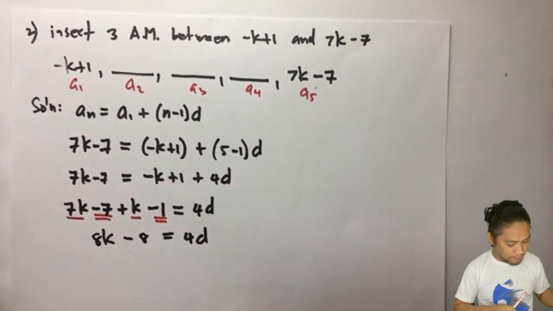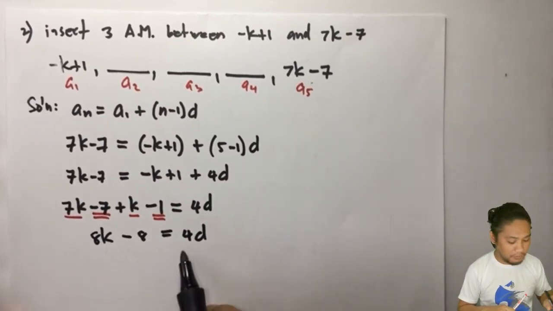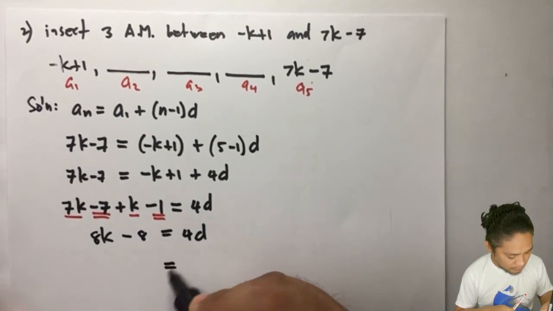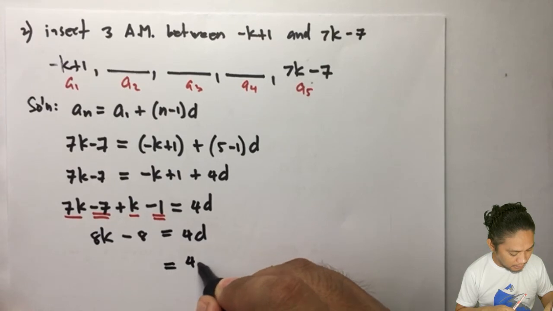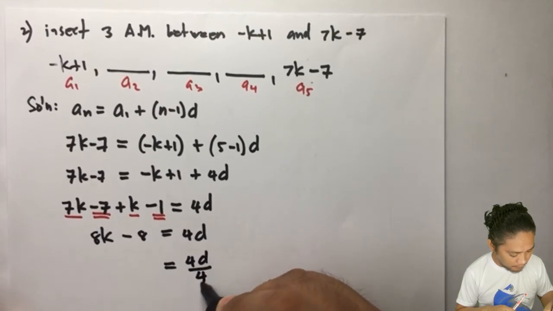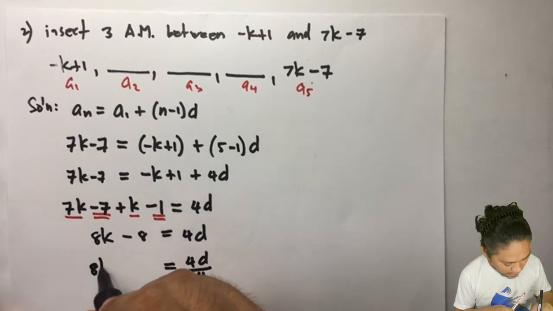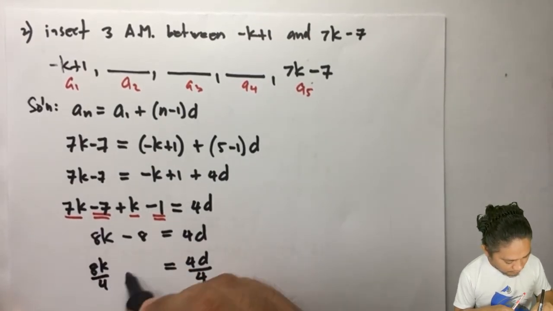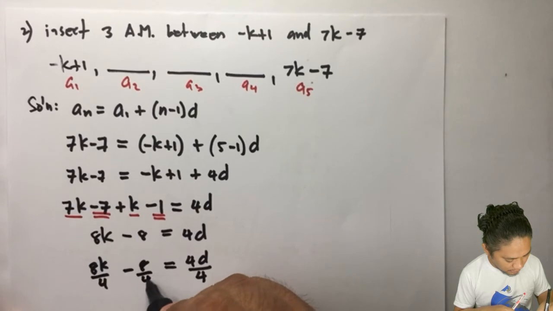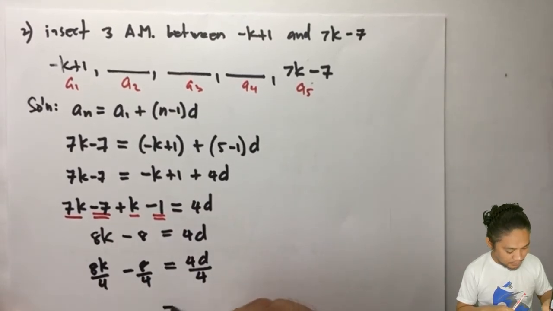4d. Remember, we have to solve for d, and we still have 4 on the right side, so basically we just have to divide everything by 4 now. The same with the terms on the left side. So 8k divided by 4, and also 8 divided by 4.